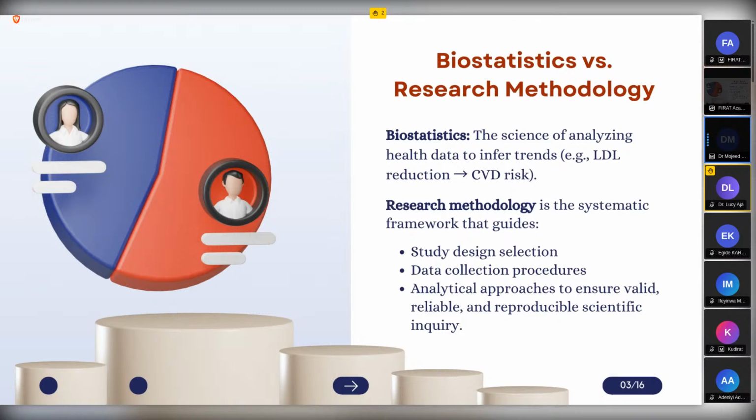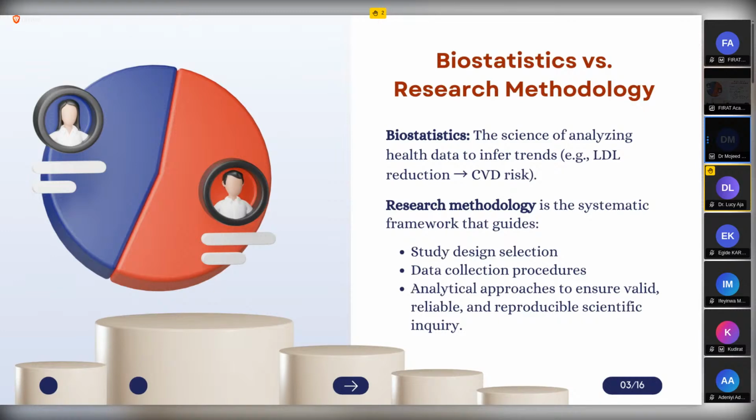As we're going to see from some of the examples, biostatistics is the foundation of research in any field. So long as you are going to do quantitative research, then you need biostatistics. If you are doing quantitative research, you cannot do without biostatistics.